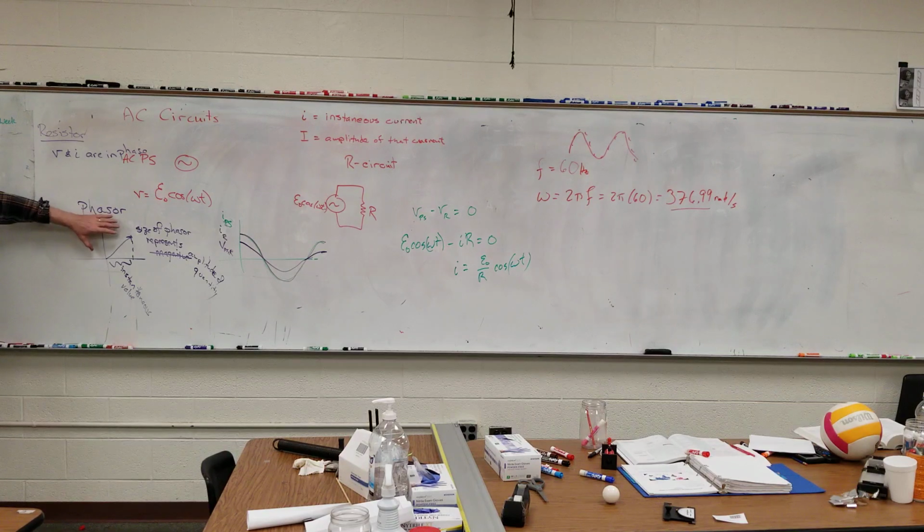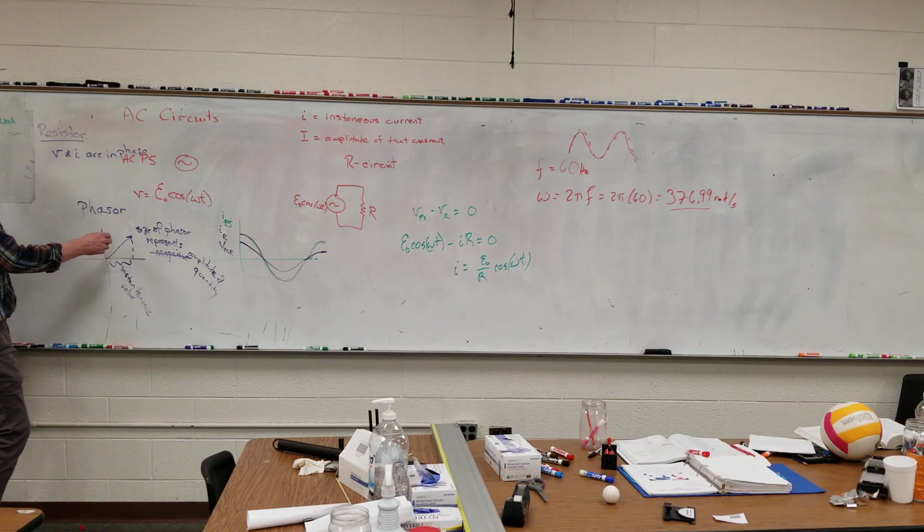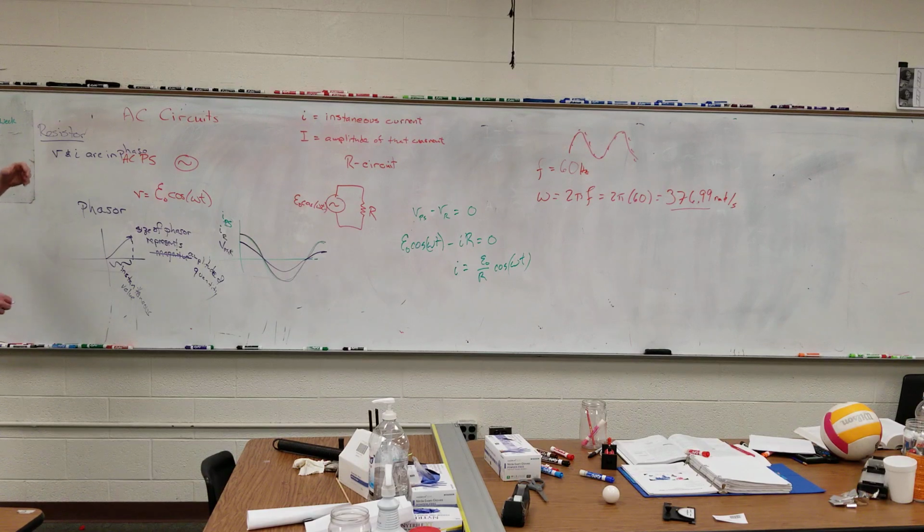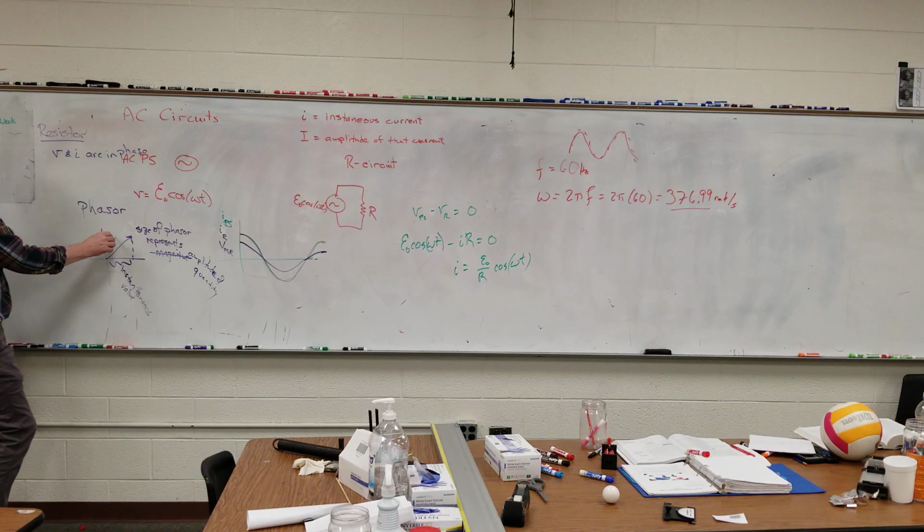So my hypotenuse represents the magnitude here. If this were the voltage phasor for the power supply, this would be epsilon sub naught, and the instantaneous value would be this lowercase v. This angle right here is theta, which is omega t.